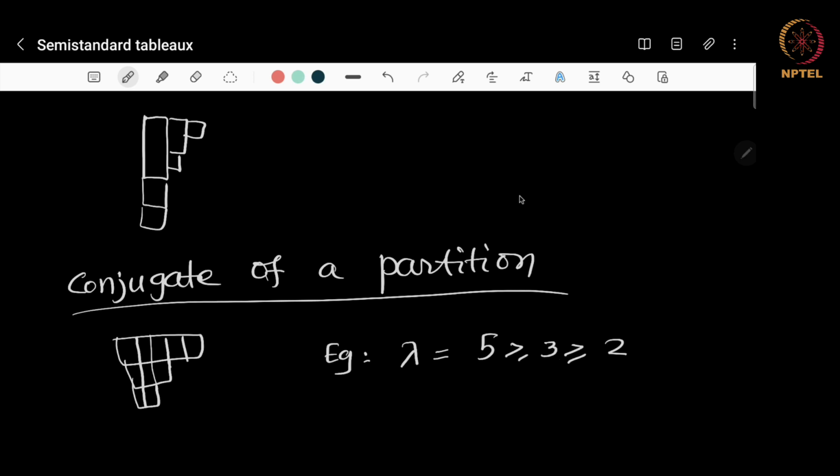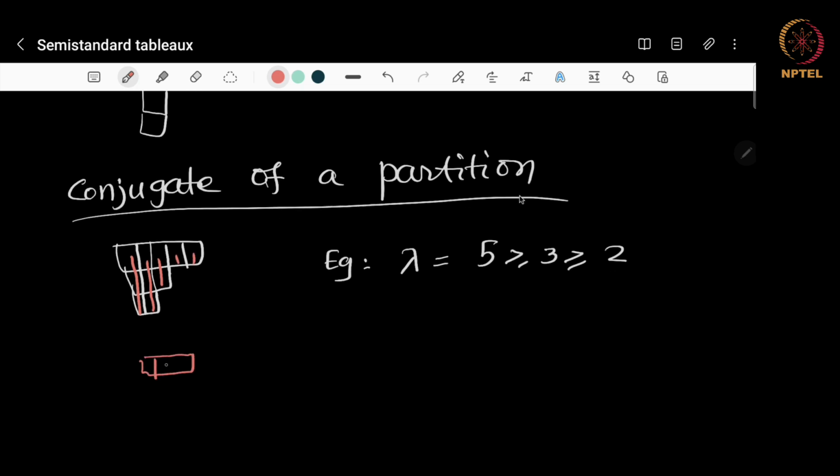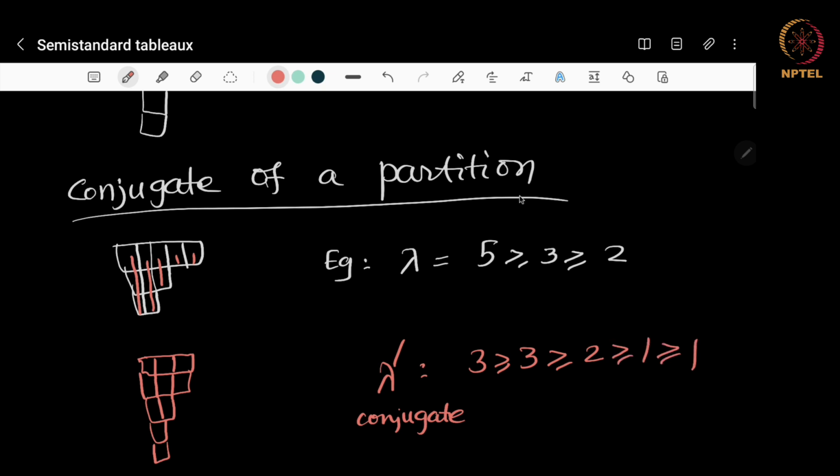Then the conjugate is obtained by interchanging the rows and columns: the first row of the conjugate is just the first column of lambda. So it is 3, 3, 2, 1, 1. This is called lambda prime, the conjugate of lambda. So interchange rows and columns, that's what conjugate means.